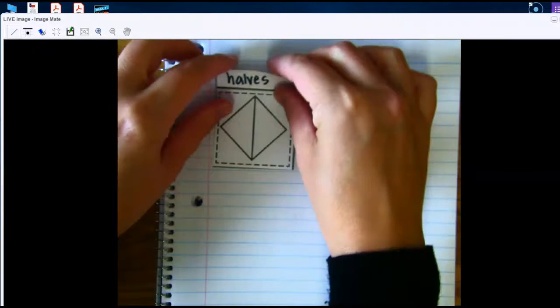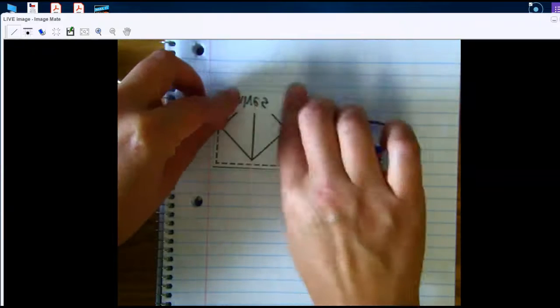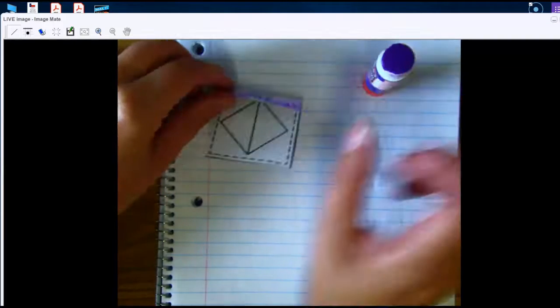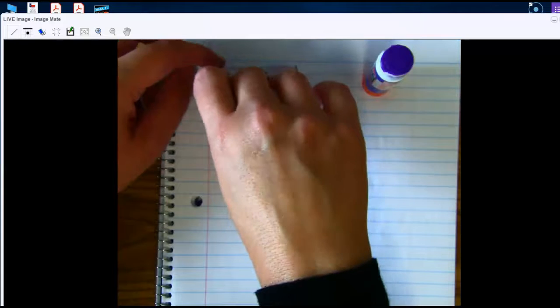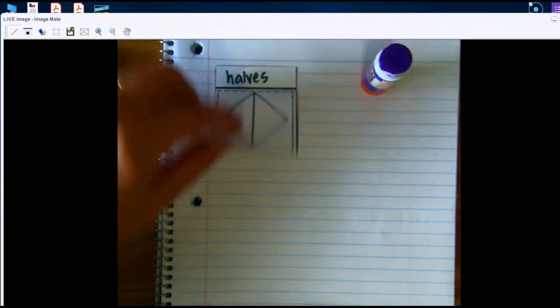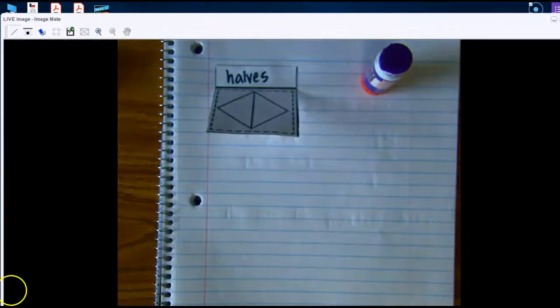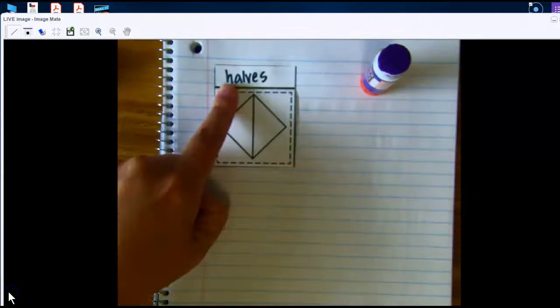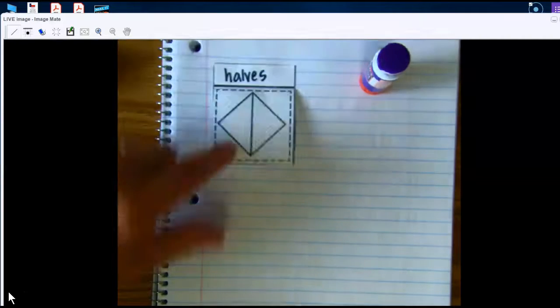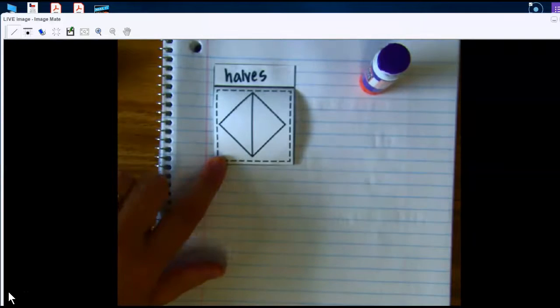We're going to fold it over on this line and put glue on that flap, and then we're going to glue it down, so it goes like this. Yes, H-A-L-V-E-S. All right, so halves. I made it like this, so it flaps like this. See how it flaps? H-A-L-V-E-S.